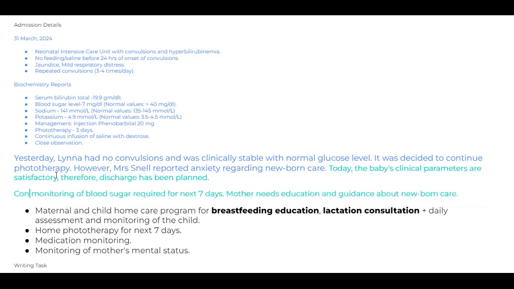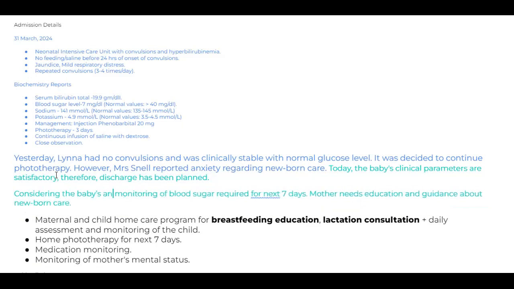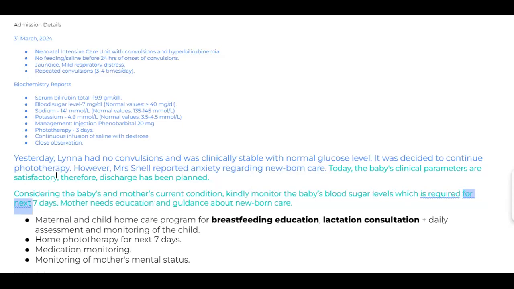So now we are going to the last paragraph. Considering the baby's and mother's current condition, comma, kindly, we are starting the last paragraph now. Kindly monitor the baby's blood sugar levels, which is required for the next 7 days, for the next 7 days.